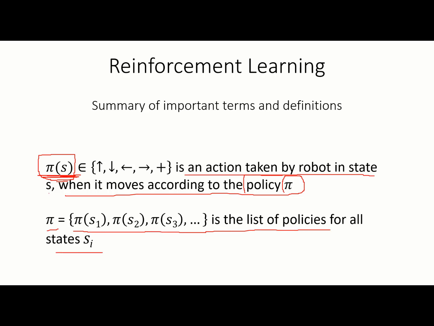So the difference to note here is that pi without any brackets or without any affiliation with the state variable such as S is describing the list of policies of all the states, whereas pi(S) represents the policy of a specific state.